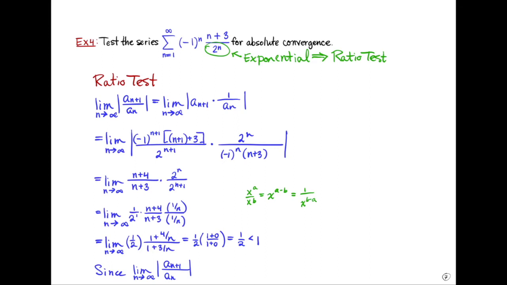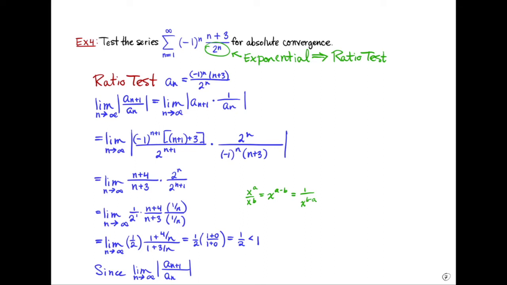So if I want to refer to the series in terms of a sub n, I need to go back and somewhere on the page explicitly state what our a sub n is. And since I don't want to write everything out longhand, I'll just go back to the beginning and say, next to our ratio test, a sub n is equal to negative 1 to the n times n plus 3 over 2 to the n. And now in my conclusion, it's okay to refer to the a sub n and a sub n plus 1.